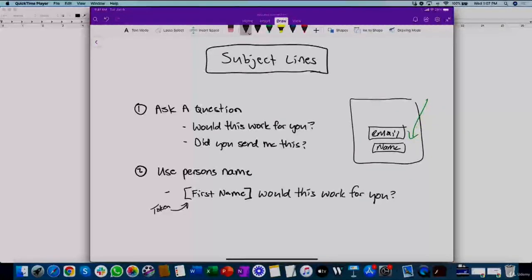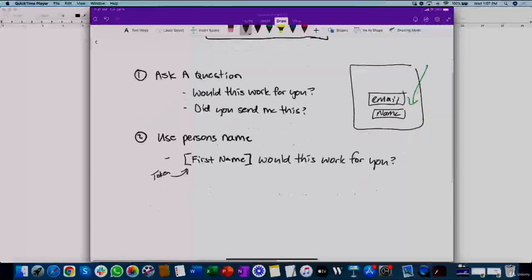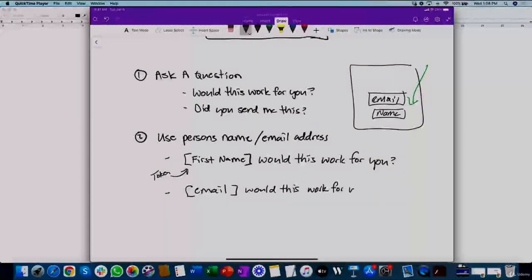And that's what's really important. That's where the real magic is. That's where the real money's made. So you can use a person's name or their email address. In other words, if you don't have their name, you can use the token like this that says email and then would this work for you?